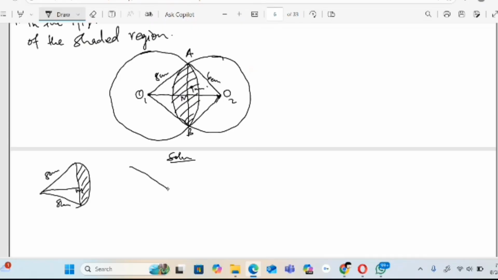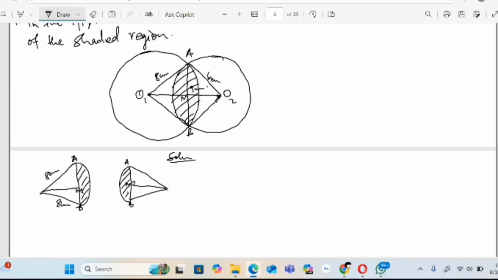You can see the shaded region is a segment. Still have point M, and this is A, B. So they share the common chord AB, which is 9 centimeters long.